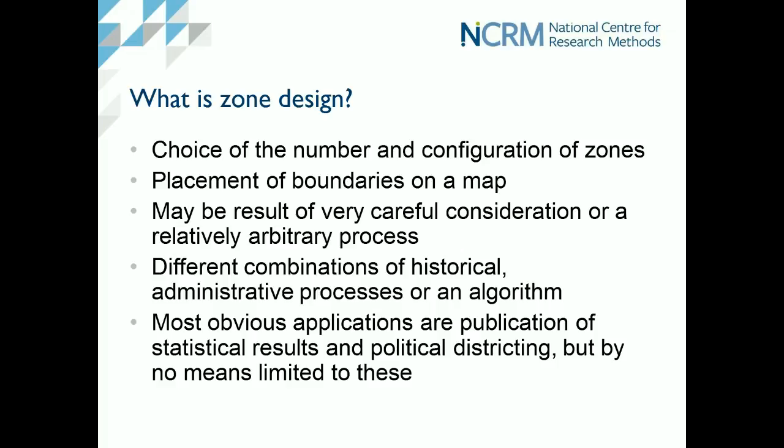But I should say that it's equally common for people to discover that actually there is quite an arbitrary process which has been at work, where maybe there's been some historical rule of thumb for how areas are drawn on the map that's become digitized, and now there's a desire to build a geography which is perhaps evened out so that all the zones have got the same population size or the same number of voters in them, and we're starting from something that's quite hard to understand and document.